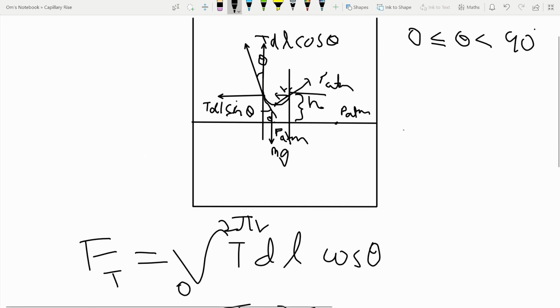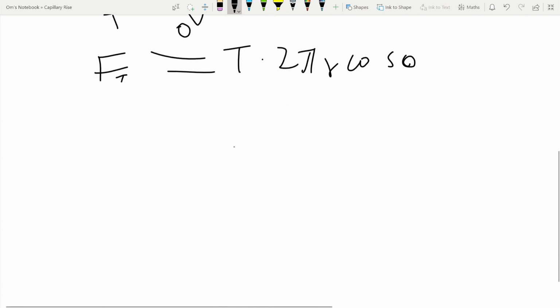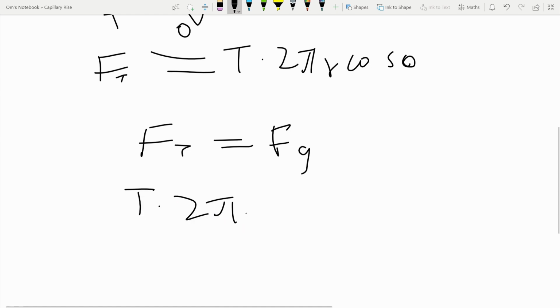Now we can equate this to the force that gravity exerts on this mass of water. So F_T is equal to F_g, and we can say T into 2 pi r cos theta is equal to mg.